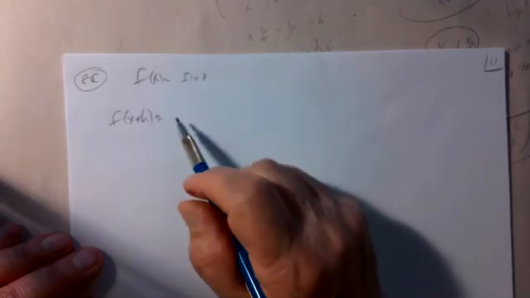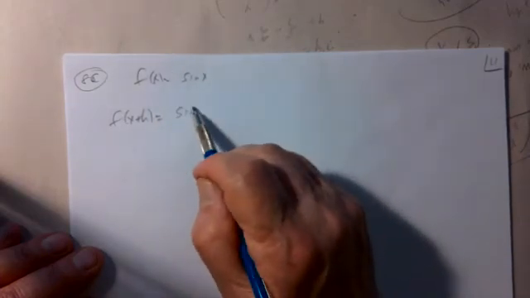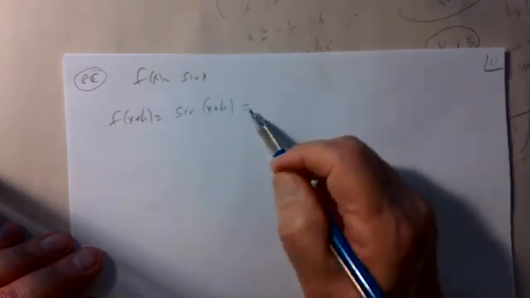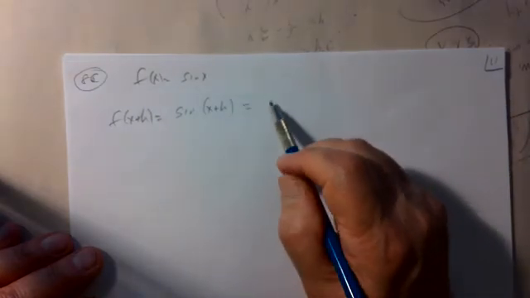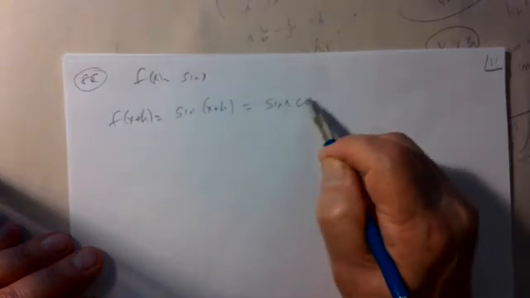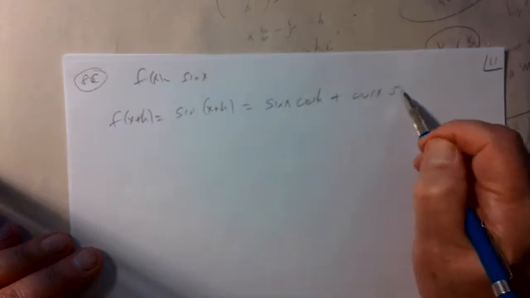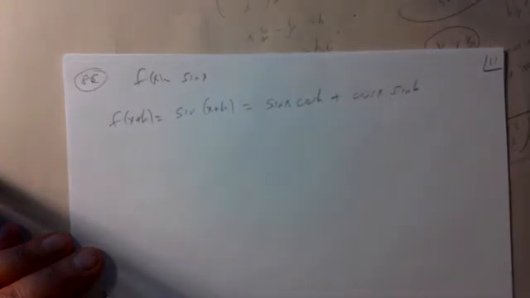So f of x plus h is the sine of x plus h. By the addition formula for the sine, this is sine x cosine h plus cosine x sine h.